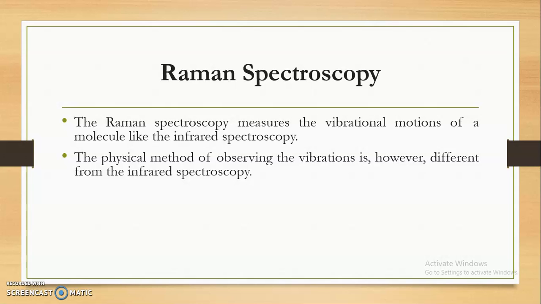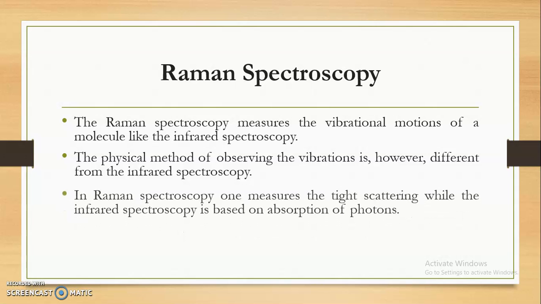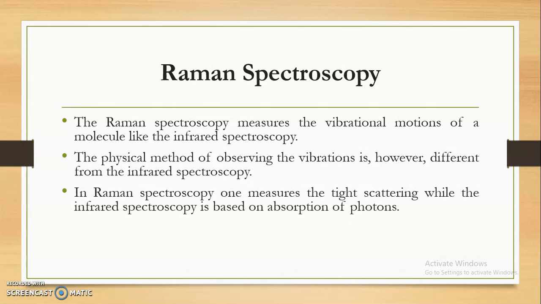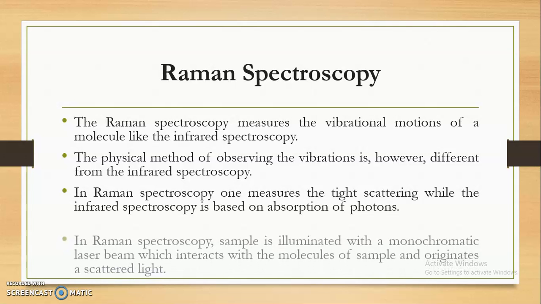Raman spectroscopy is based upon observing the vibration, however different from infrared spectroscopy. In Raman spectroscopy, one measures the light scattering, while infrared spectroscopy is based upon the absorption of photons.